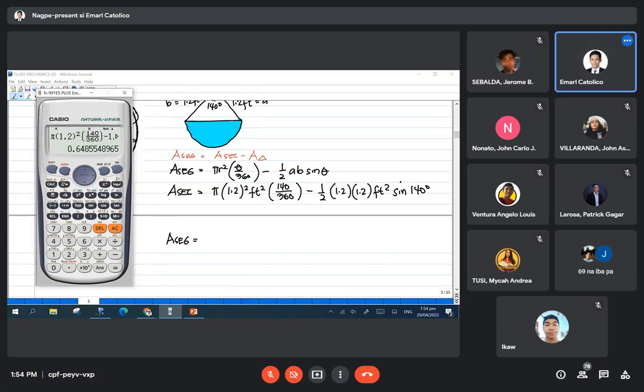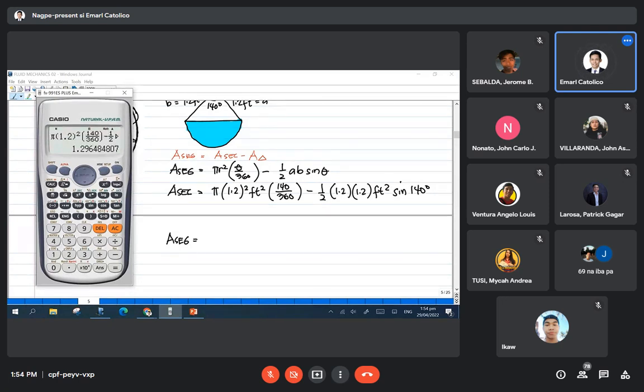Okay. So therefore, tama ba? Pi 1.2 squared 140 over 360. Okay. Then minus. Bakit 1.2? 1/2 dapat. Minus 1/2 times 1.2 squared times sine 140.